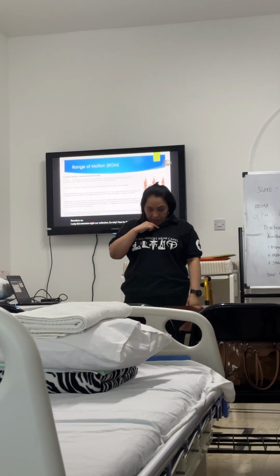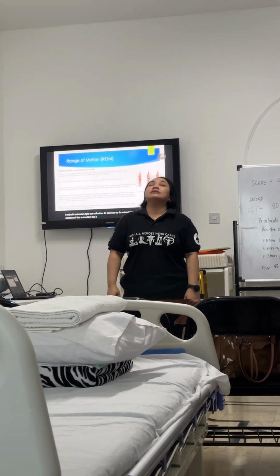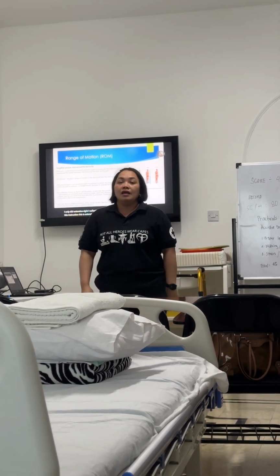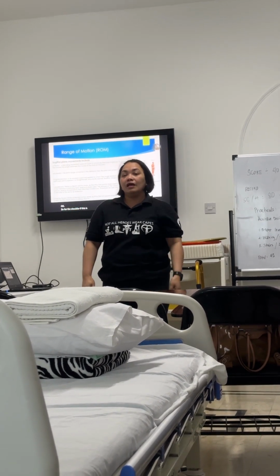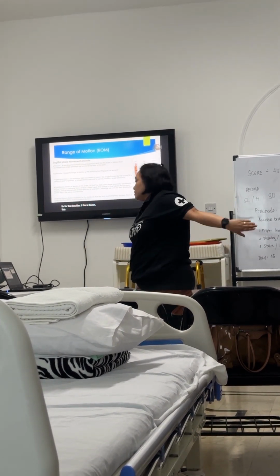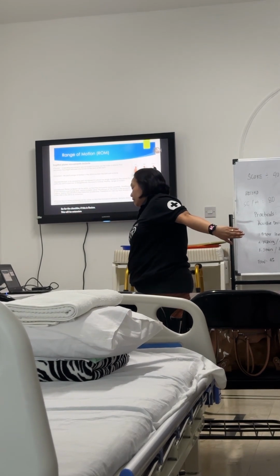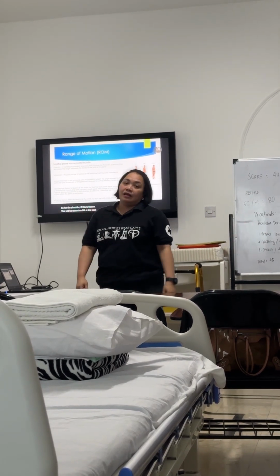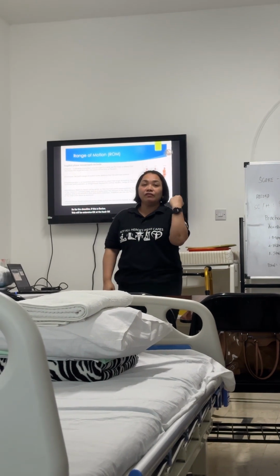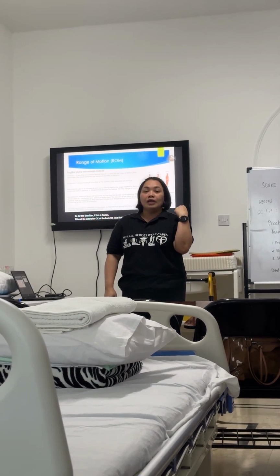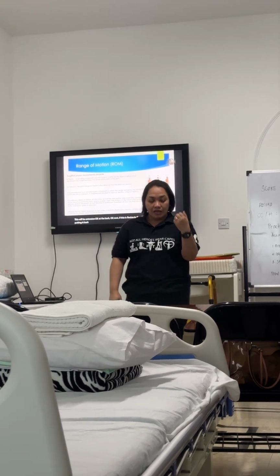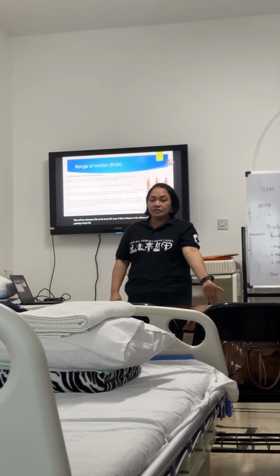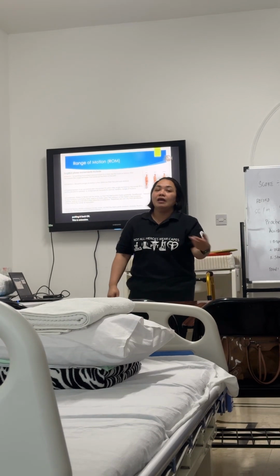If this is flexion, this is extension. For the shoulder, if this is flexion, this will be extension, as like a reverse. Next, if this is flexion in the elbow, extension is just putting it back. This is extension.